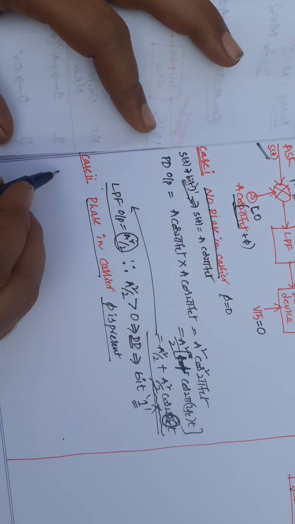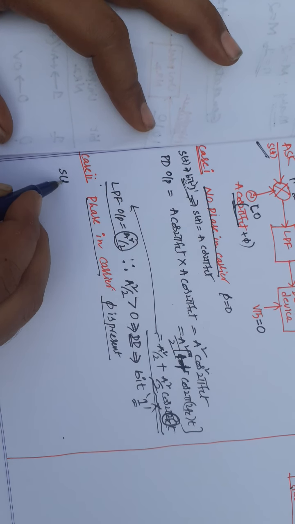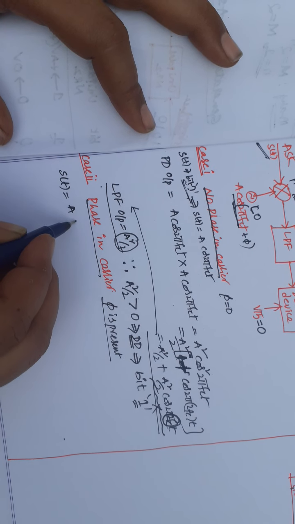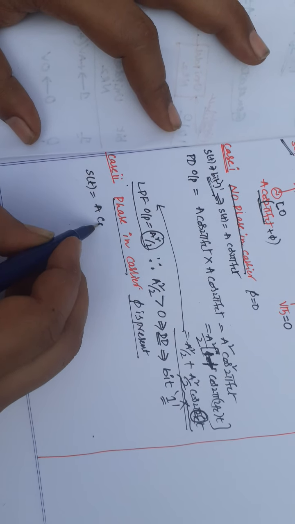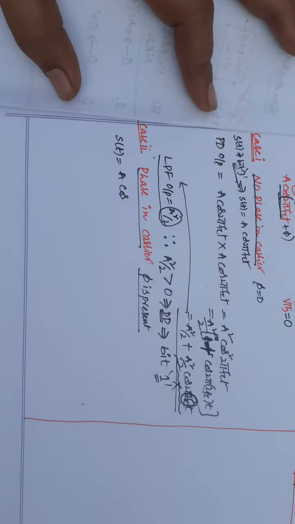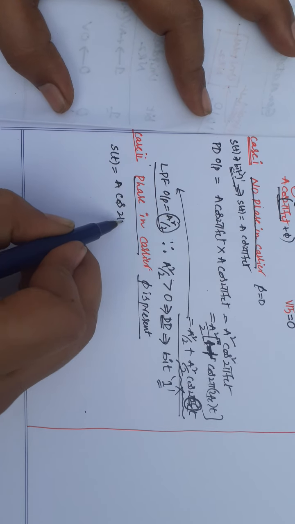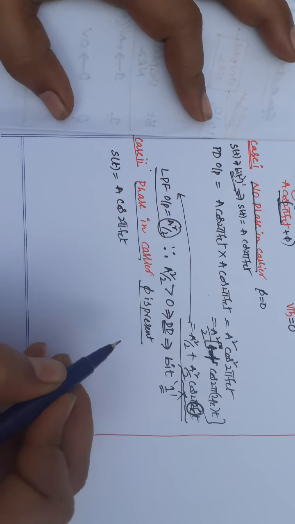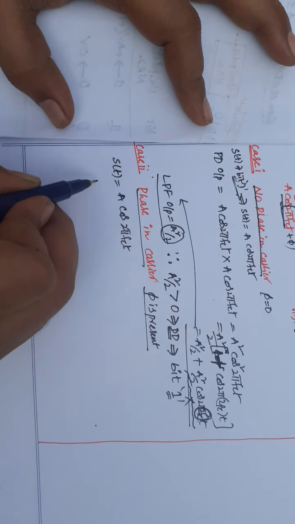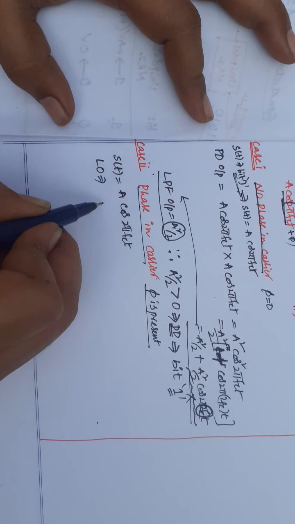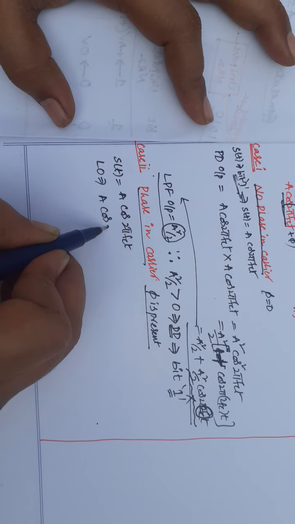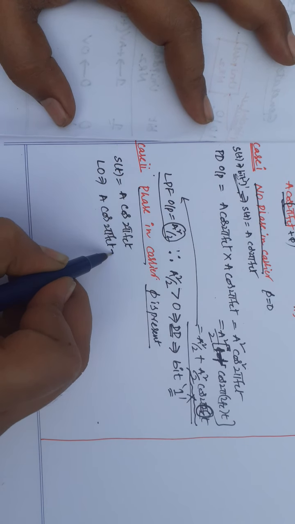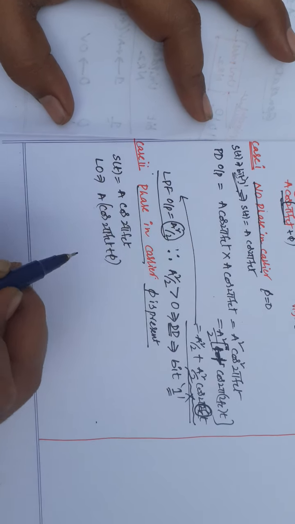So the S of t equation is A cos 2 pi fct, and the local oscillator carrier signal is A cos 2 pi fct plus pi, right.